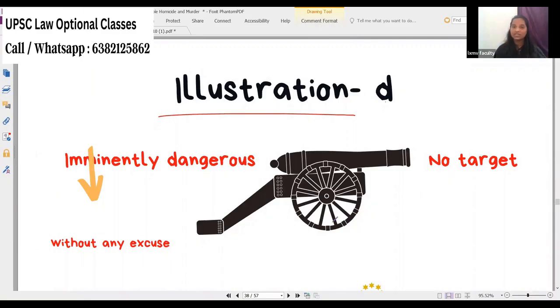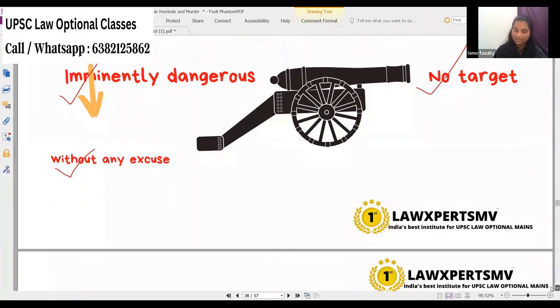He knows that he is doing an imminently dangerous act. He doesn't have a specific target, but he is firing into the crowd, and he knows that in all probability his act is going to kill someone. Yet he does it just for fun. Then there is no lawful excuse, right? So he falls under the 4th clause and is committing murder.